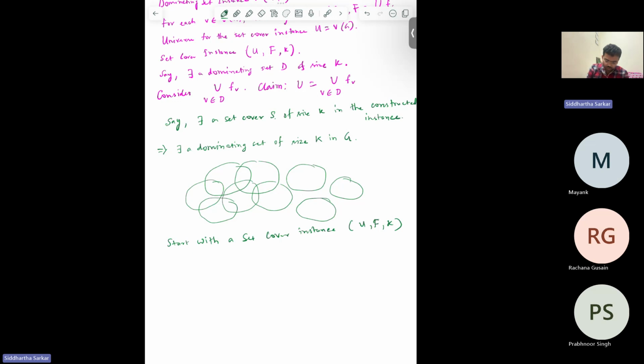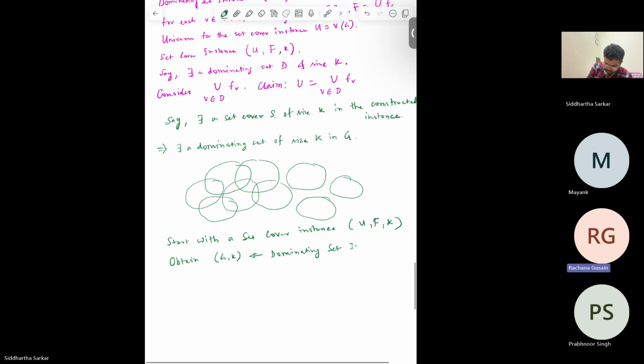So from this, you want to obtain a graph G along with the parameter, which is nothing but the dominating set instance. So how do you go about that?